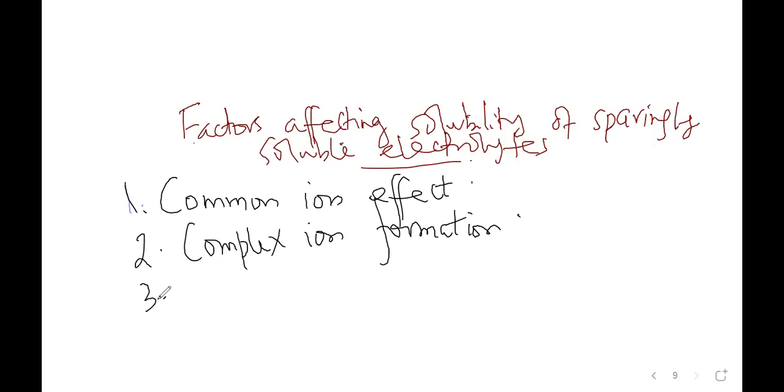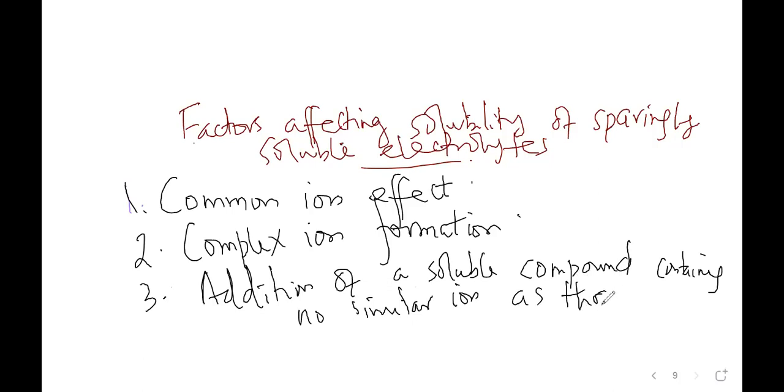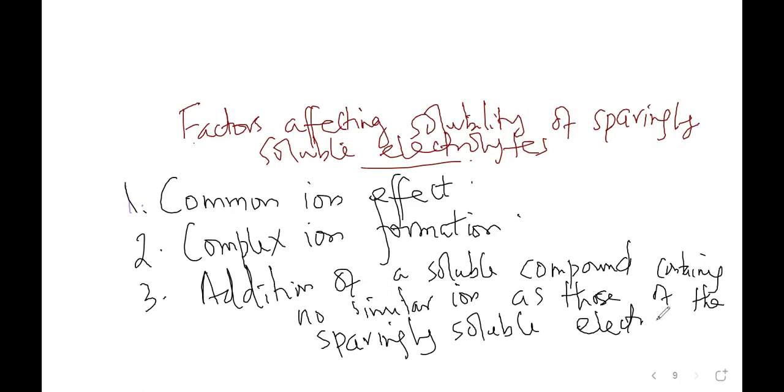The third factor is none other than addition of a soluble compound to the saturated solution. Addition of a soluble compound containing no similar ion as those of the sparingly soluble electrolyte.